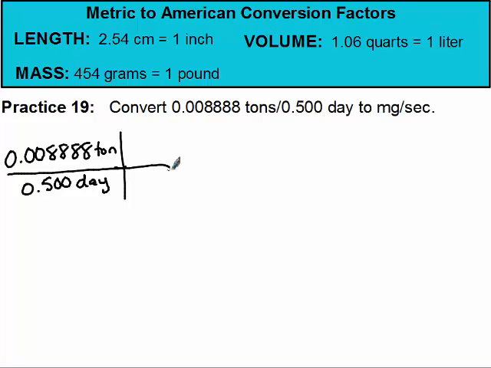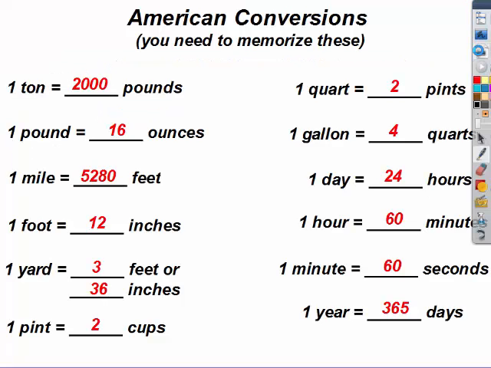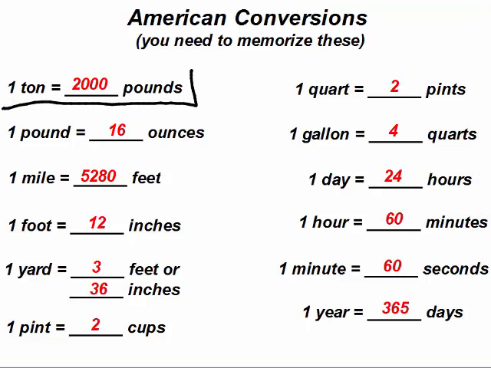So tons are trying to get to milligrams. So we have to get tons to pounds. 1 ton is 2,000 pounds.